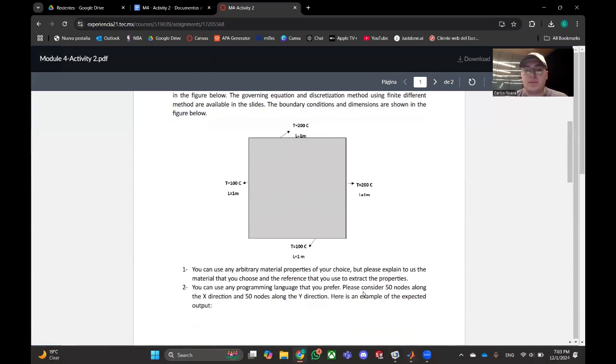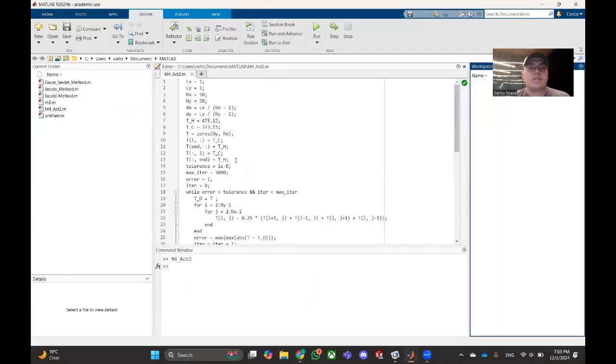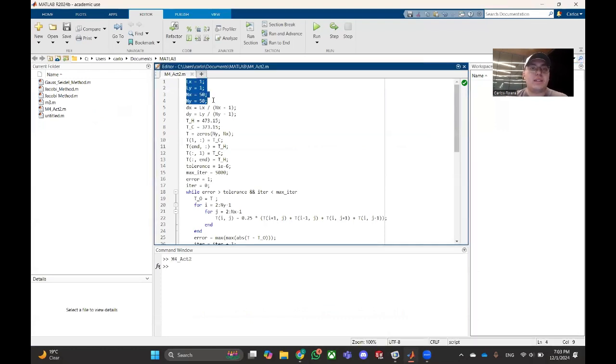To start, I made the code for MATLAB where basically first I defined the length of the square plate and the number of nodes that I was asked to use, which was 50. Then I had to set the space between each node by dividing the length by the number of nodes minus one.